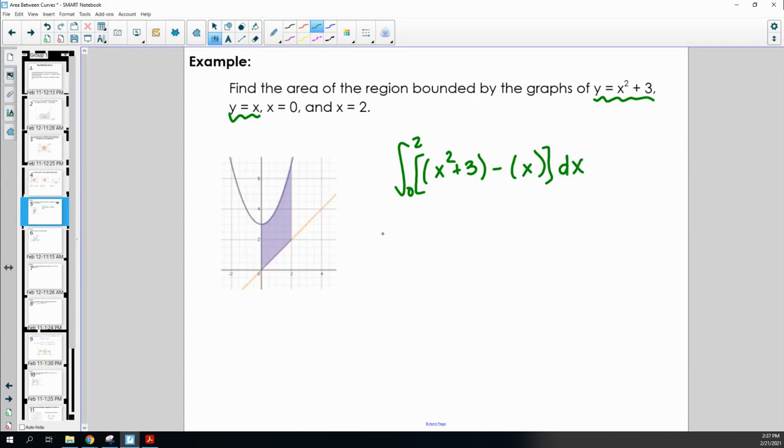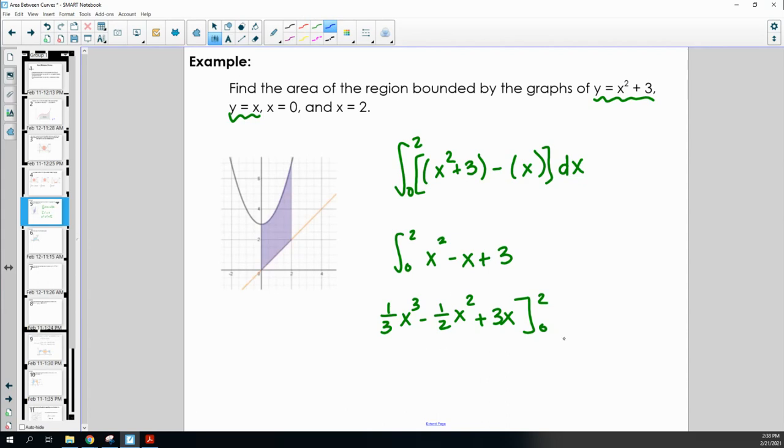So if I go ahead and simplify this a little bit, I'm just going to put this in order here. So x squared minus x plus 3. If I take the antiderivative, this is going to give me 1/3 x to the third minus 1/2 x squared plus 3x. And I'm going to evaluate that from 0 to 2. So just like we did before, we have this definite integral.